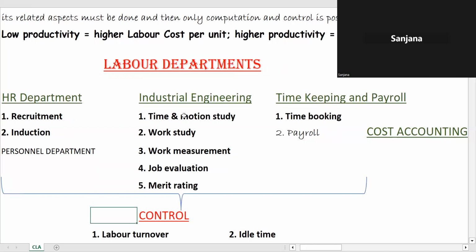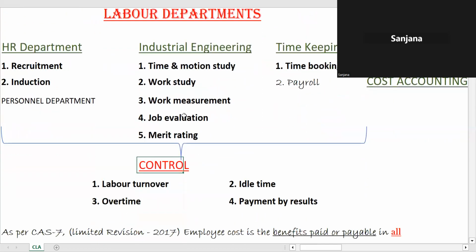Together they control labor cost. How? They reduce labor turnover. Labor turnover is nothing but when labor moves out of, leaves, the organization. That phenomenon is called labor turnover.